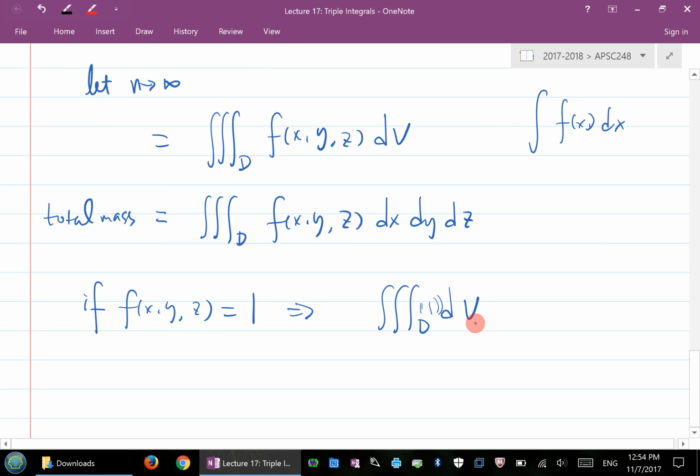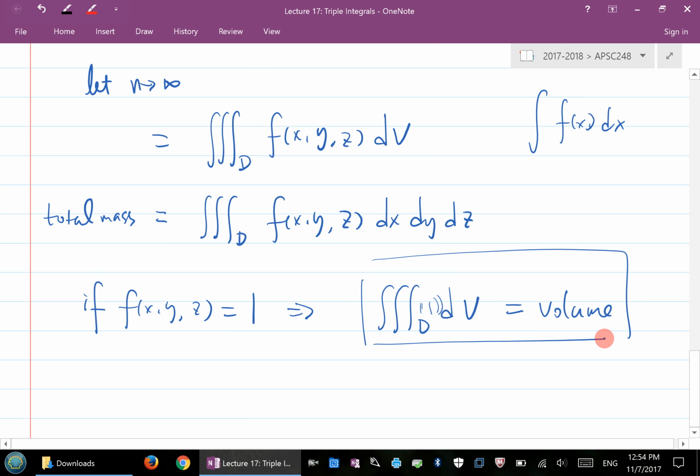And then you have a dV here. So what are you supposed to get back from this triple integral? Volume, right? Good. So integrating dV will give you back that V, which represents the volume, so it gives you back the total volume here. So that's another quick application, basically.